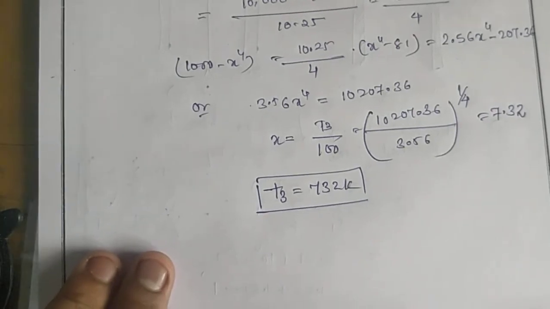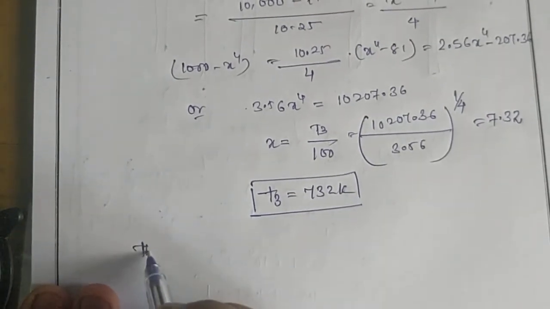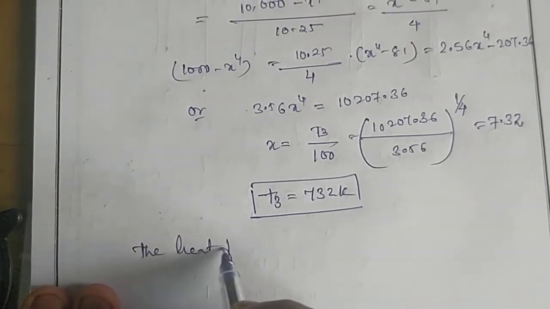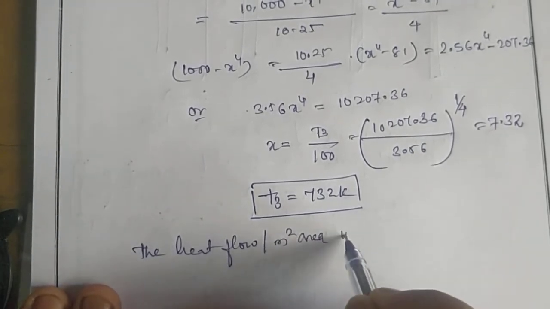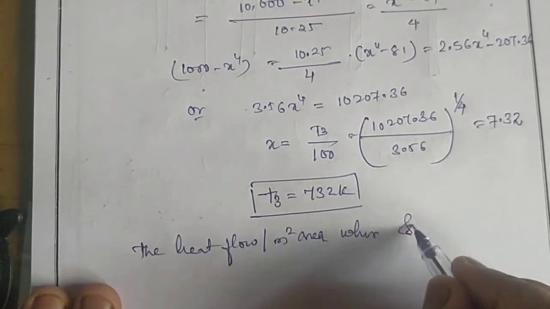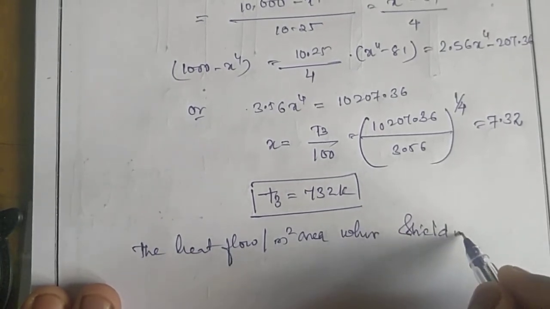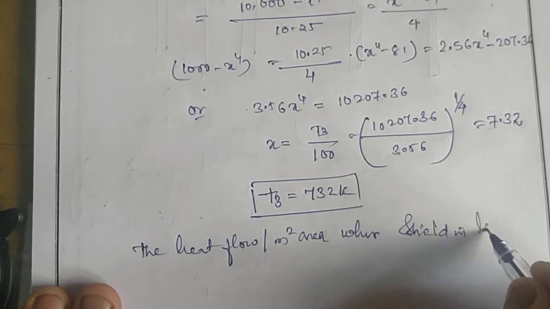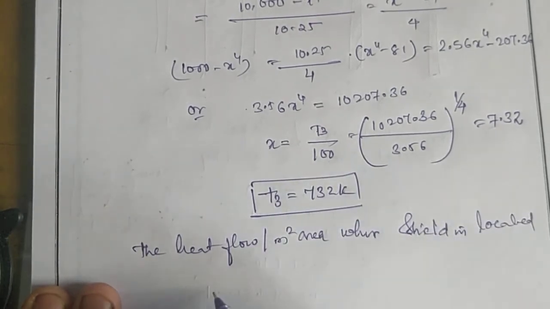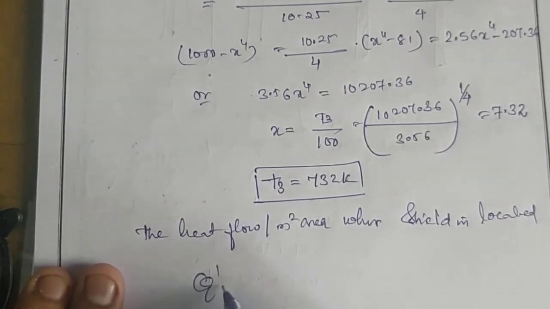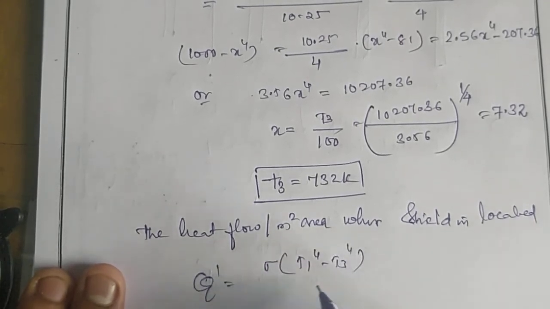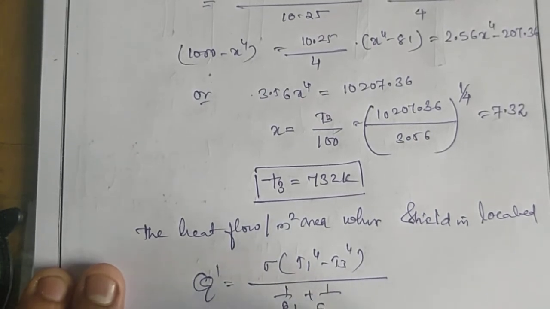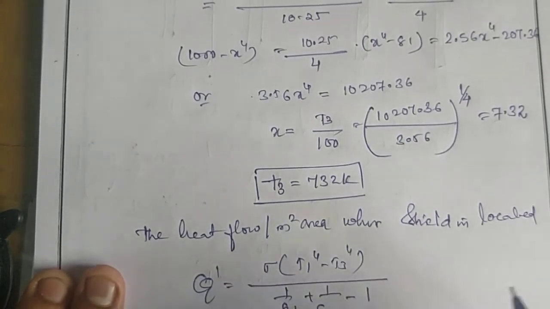Okay, temperature we got. Now the heat flow per meter square area when the shield is located is sigma (T1 to the power of 4 minus T3 to the power of 4) divided by 1 upon epsilon 1 plus 1 upon epsilon 3H minus 1.